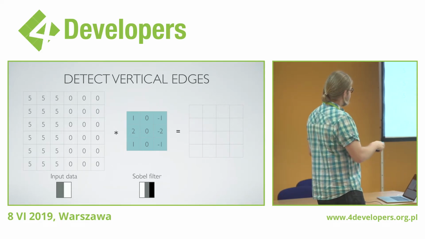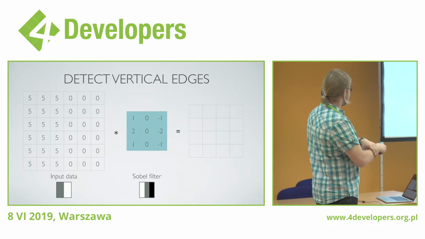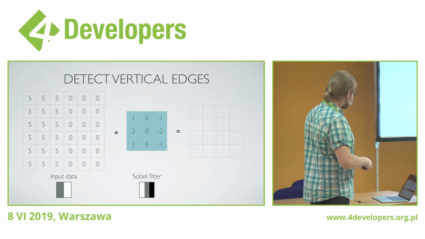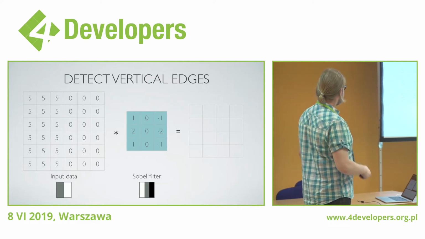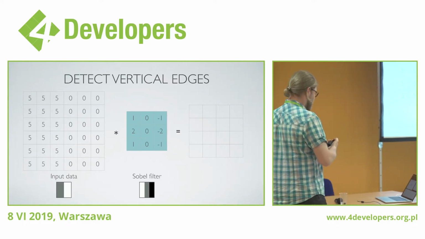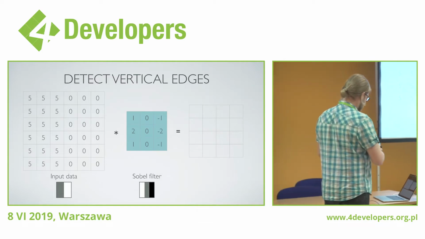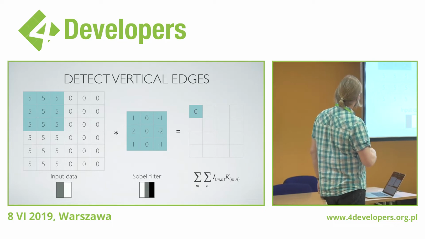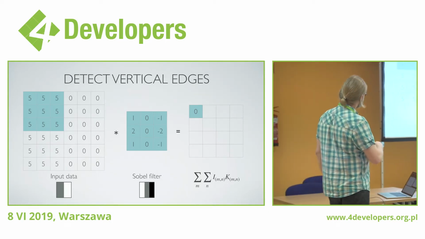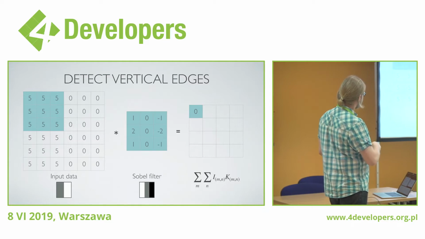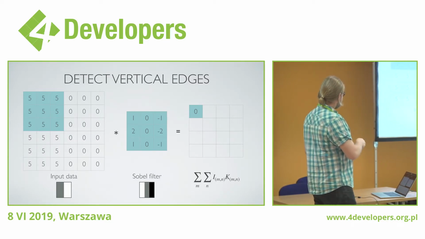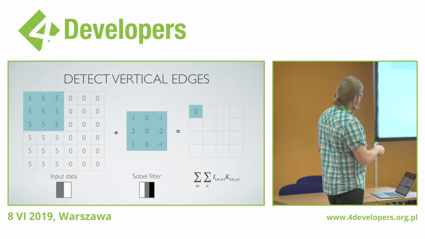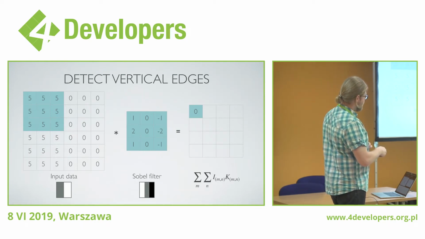It's just three stripes also of numbers, and you apply the filter by superimposing it over the input image, and then you take each number from the input and multiply it by the corresponding number in the filter.